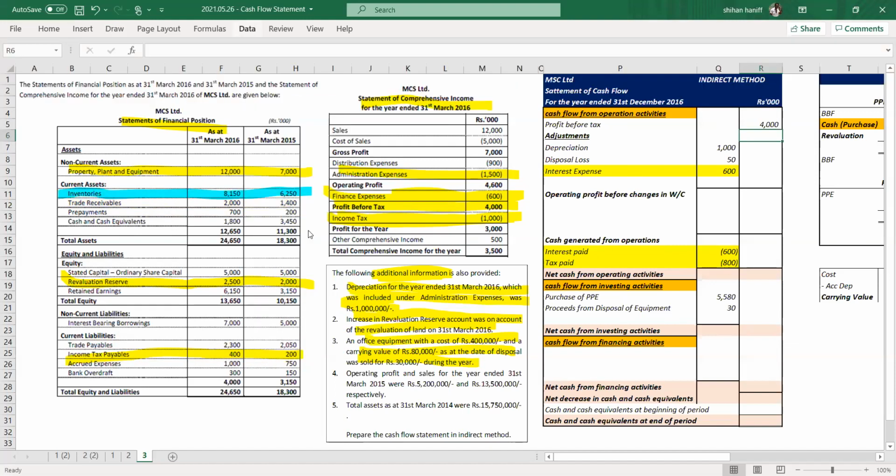Inventories, receivables, payables, prepayments. There are 4 items.